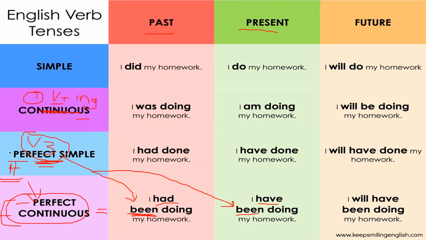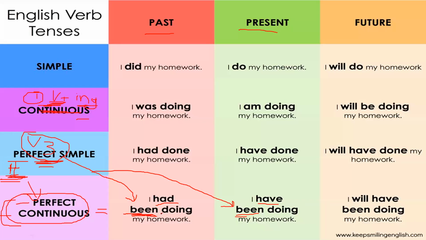Okay, so here we finished the perfect part. Verb to have, had in the past form and have in the present or has. And the first verb, V3, been. And the last thing, the above one, the infinitive form of the verb plus ing.